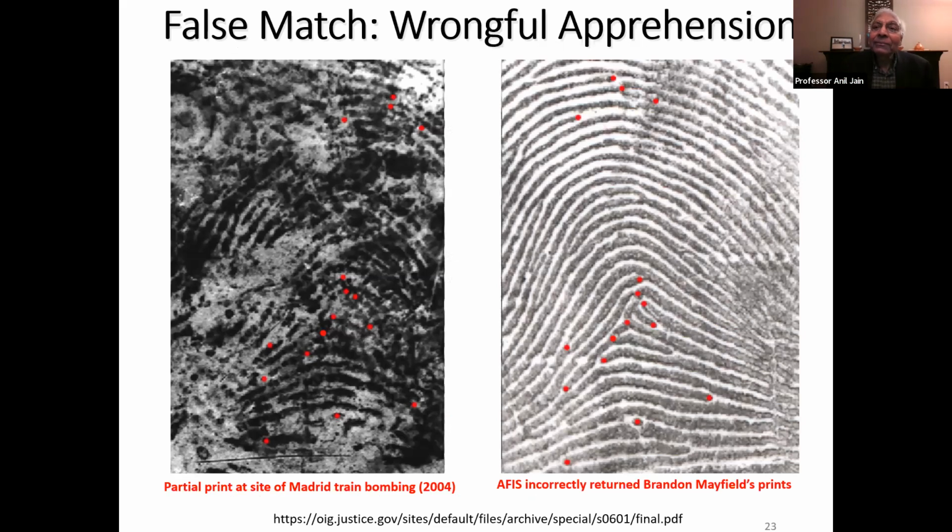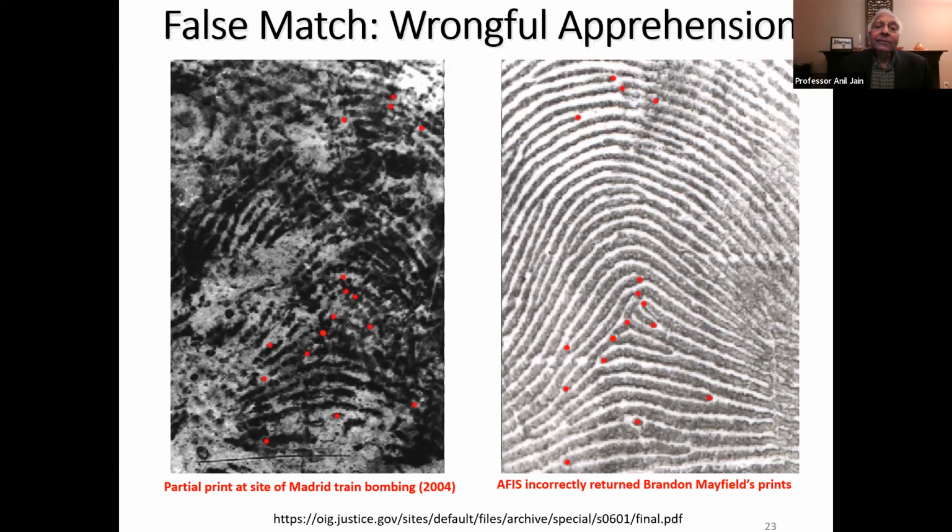Wrongful apprehension because of a false match by a fingerprint recognition system. This case happened in 2004. There was a tragic incident at the Madrid train station. There was a bombing, and a lot of innocent people were killed. The Spanish police found a duffel bag with a partial smudgy fingerprint, shown on the left.